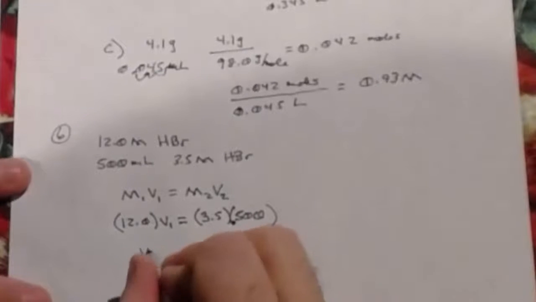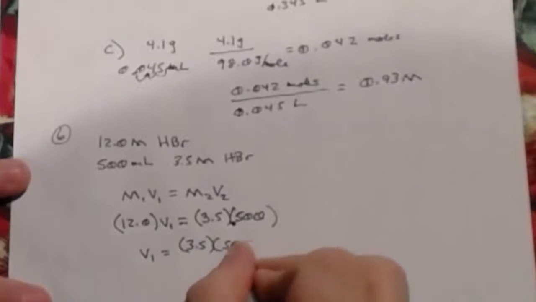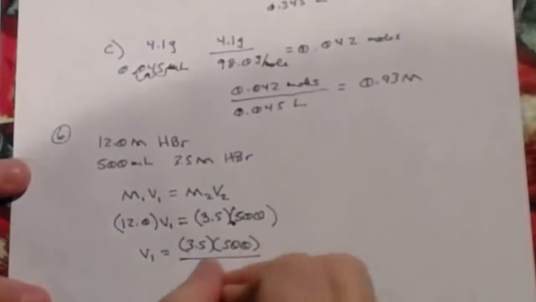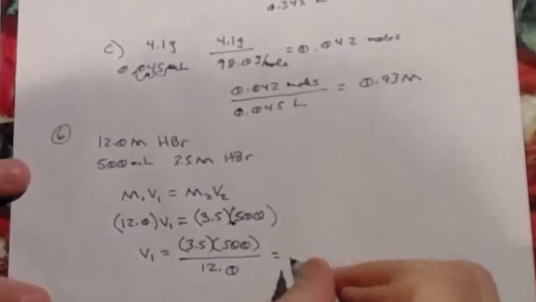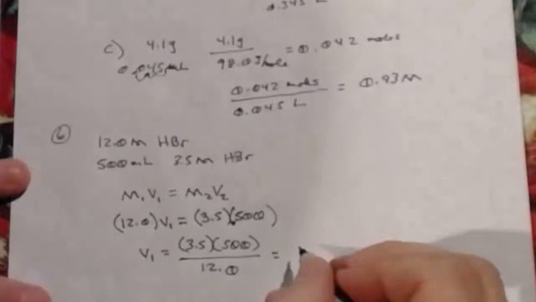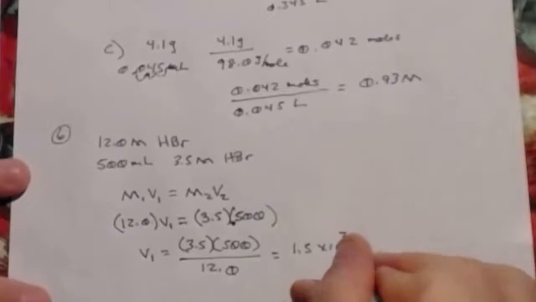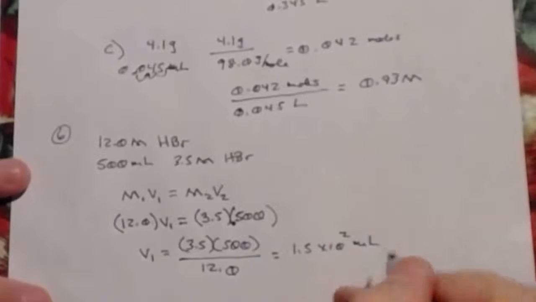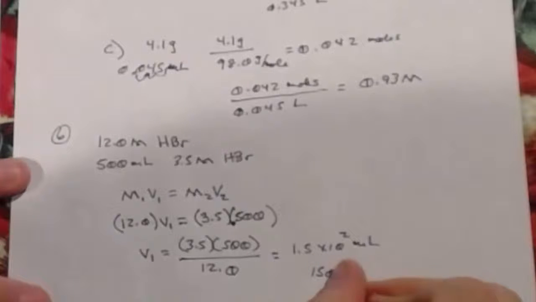So we rearrange: the first volume is equal to 3.5 times 500 divided by 12.0. And that math works out to be 1.5 times 10 to the second milliliters, or 150 milliliters.